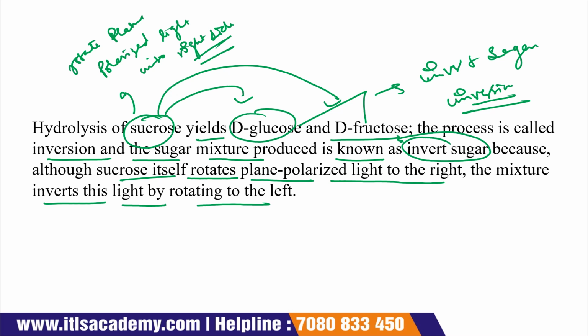But in case of the products that we form, that is D-glucose and D-fructose, what do they do? They rotate the plane polarized light to the left side. Okay, that's why it is called invert sugar, and the process is called inversion.